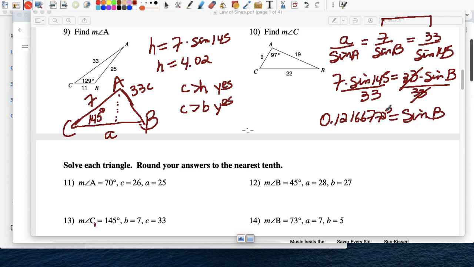And we're going to use the inverse function to find out what the angle is. So B is the inverse sine of that number. So what angle gives us that ratio?